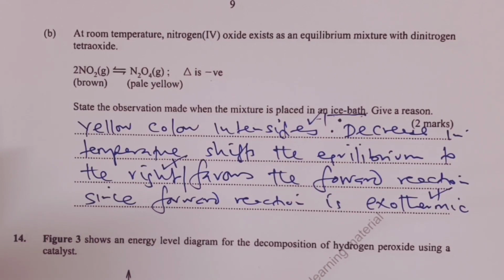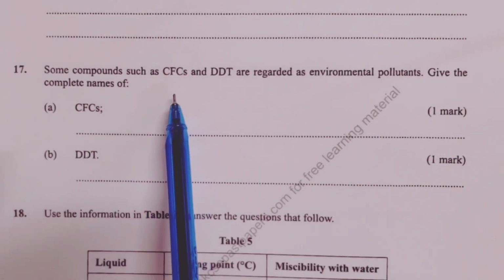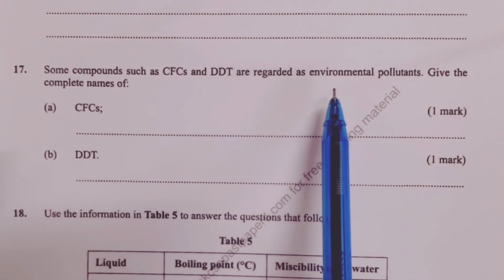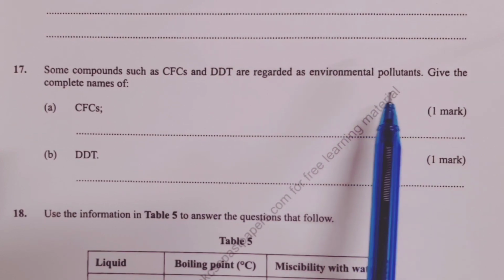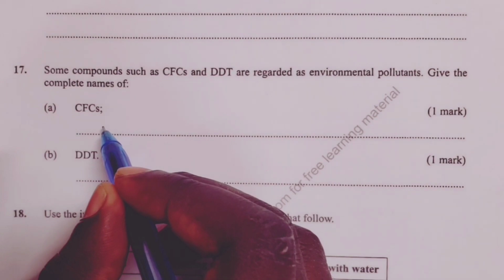Let's proceed to question number 17, borrowed from chlorine and its compounds again. Compounds such as CFCs and DDT are regarded as environmental pollutants. Give the complete name of CFCs.